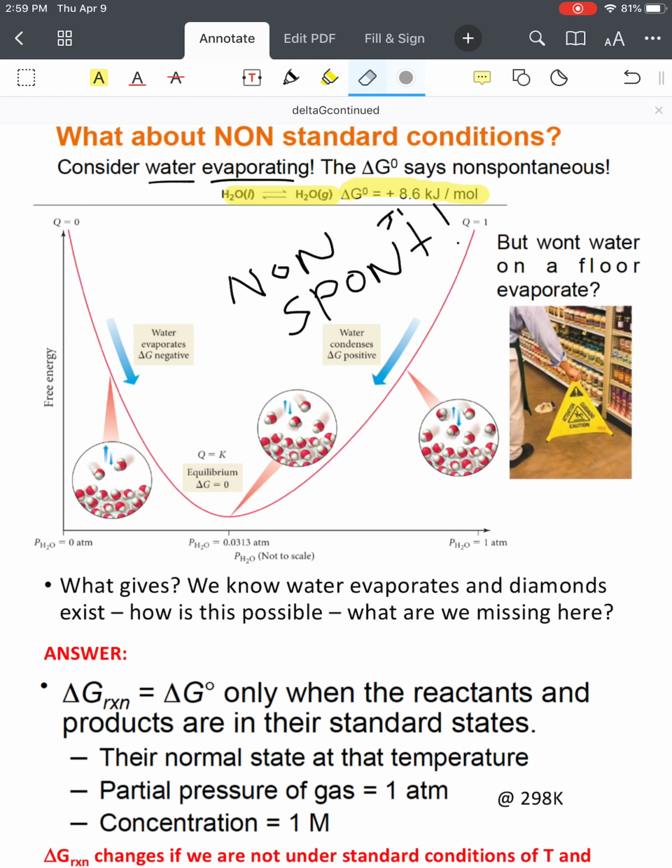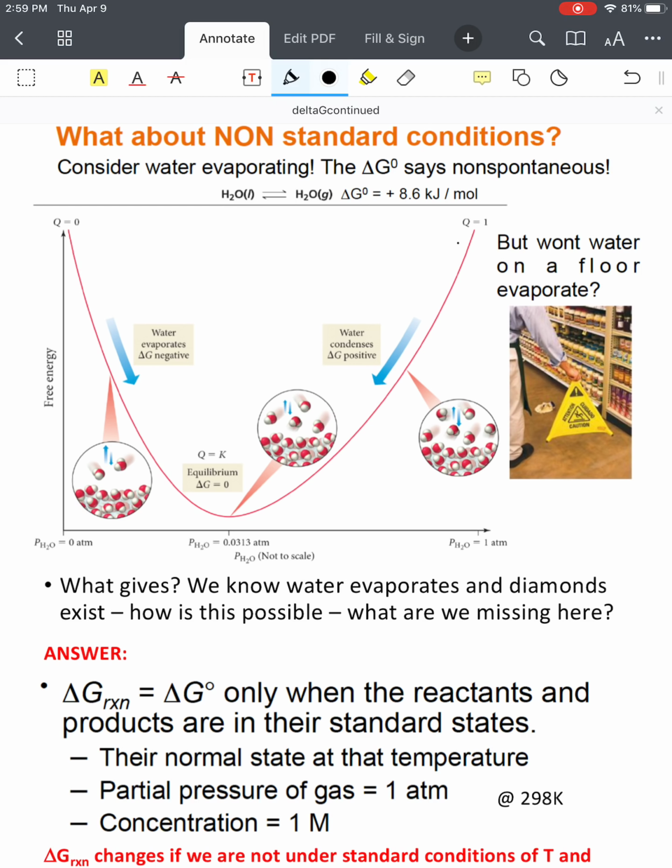I know that water evaporates if I spill it on the floor, so why is it that my delta G is predicting that this is non-spontaneous, okay? There's a little bit of a trick, and it's not even really a trick, but we just need to make sure that we understand what delta G really is and what it means, okay? And that's important.